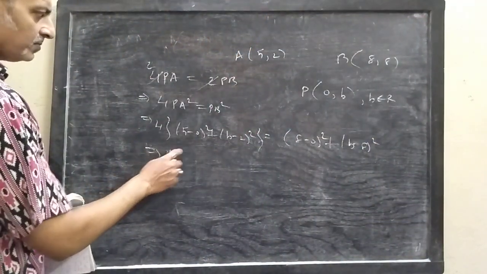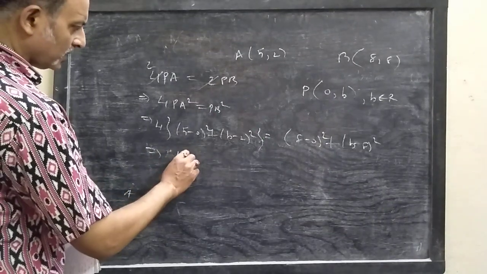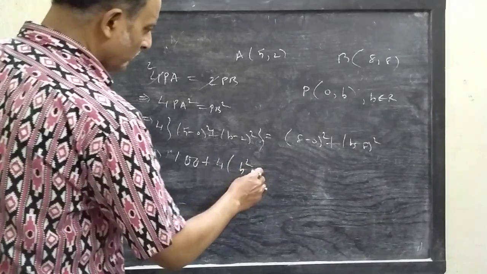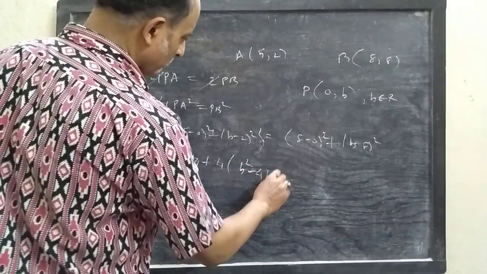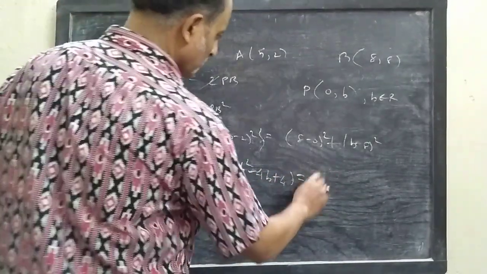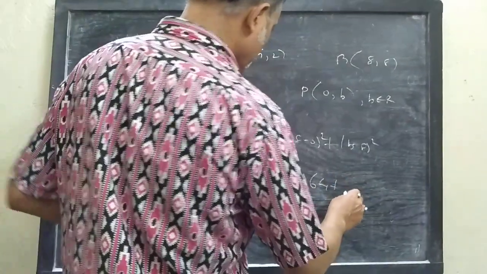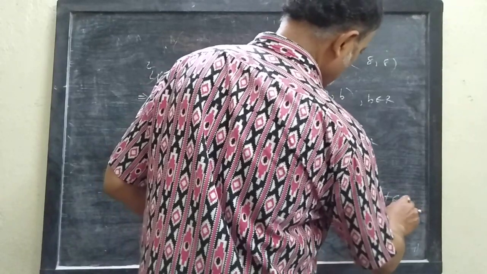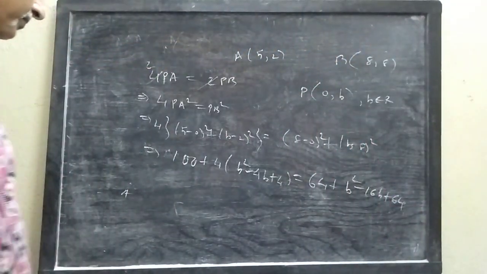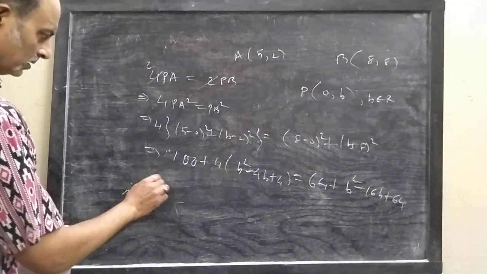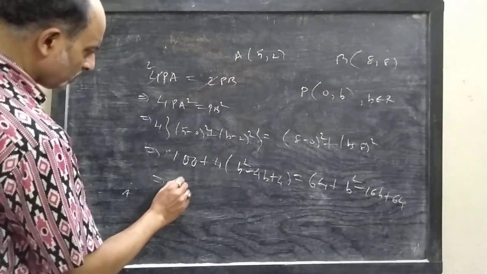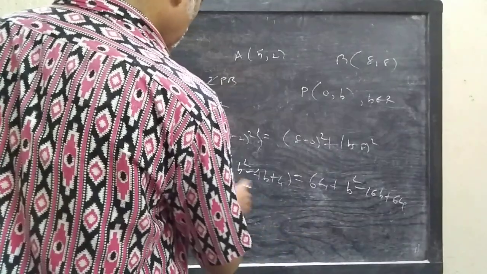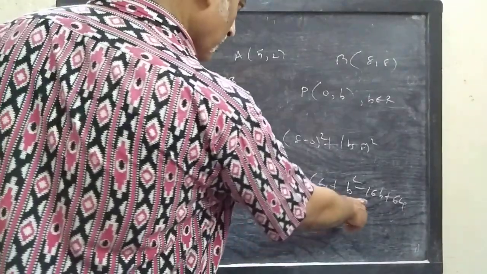Next we have 25 4s are 100 plus 4 into this will be b square minus 4b plus 4. This is 64 plus b square minus 16b plus again 64. Now look, 4b square minus b square. This is 3b square, minus 16b minus 16b.